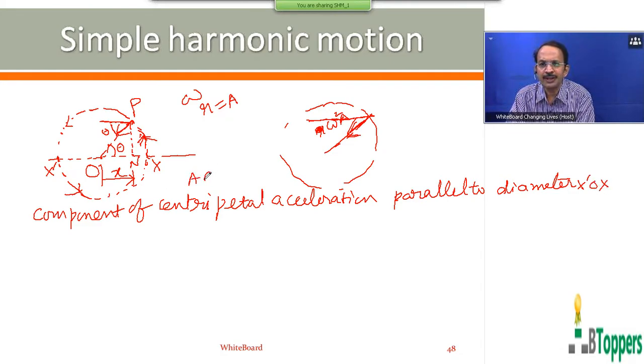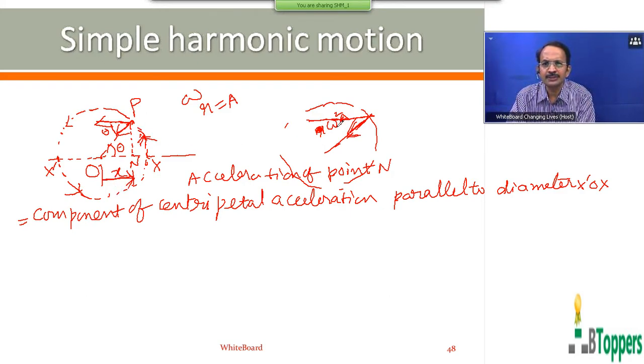That means the acceleration at the point N, which moves along the diameter of the reference circle. N is the projection, as I discussed earlier, of the particle moving in the circular path on one of the diameters. Acceleration at the point N is nothing but the component of centripetal acceleration parallel to the diameter x dash x. This component is directed towards the left side, that means opposite to the displacement x of the point N from its center of oscillation.